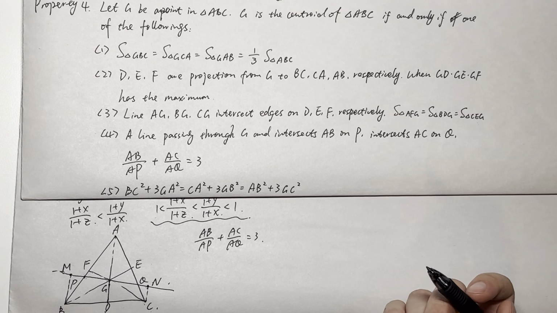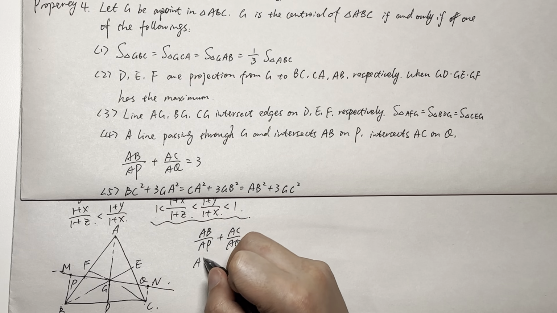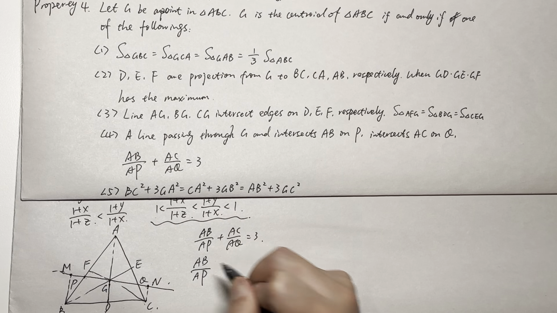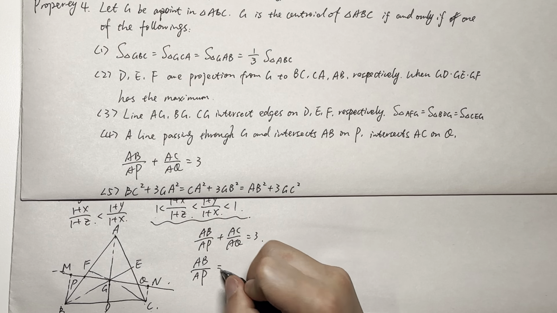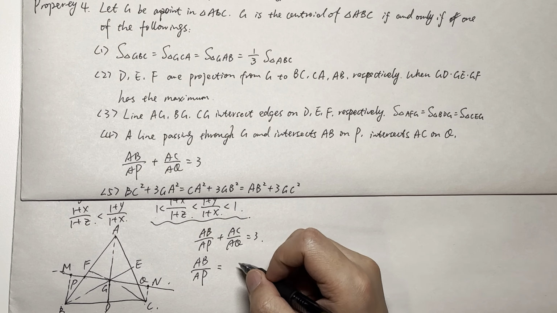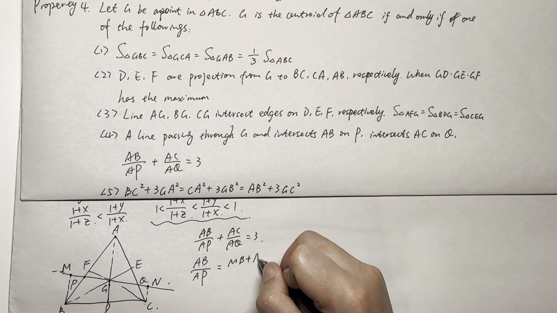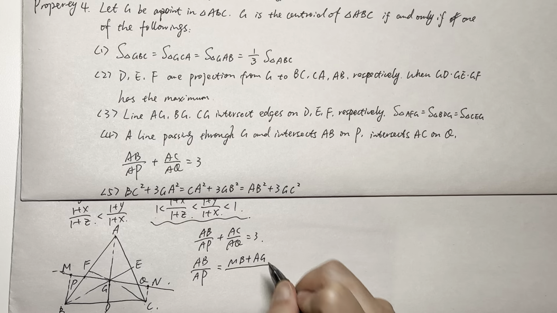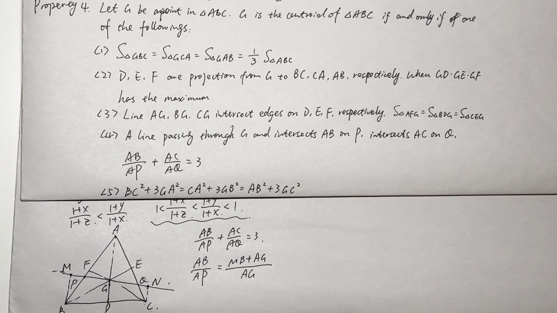What we can get here is that AB to AP equals MB plus AG to AG, right?